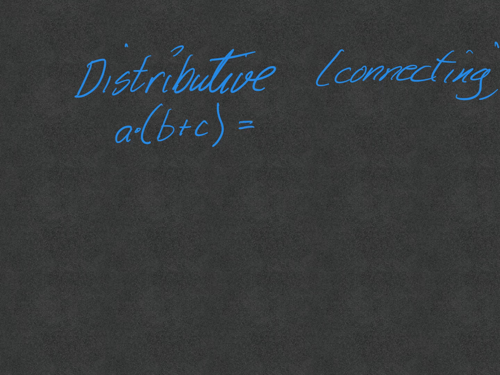Well, what happens, and I like to illustrate it this way, is I have to take the A and multiply it by every term. Remember, terms are separated by additions or subtractions. I have to multiply the A times every term. So I end up with AB plus AC.